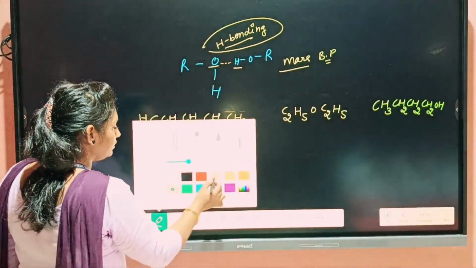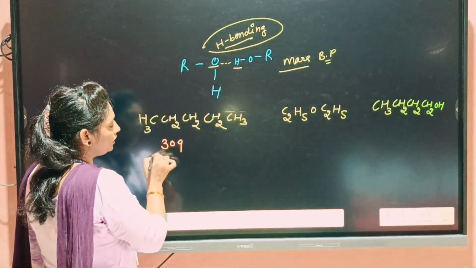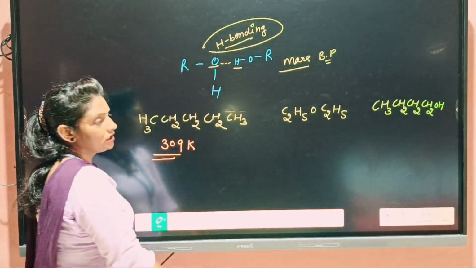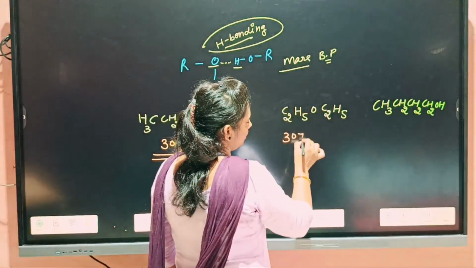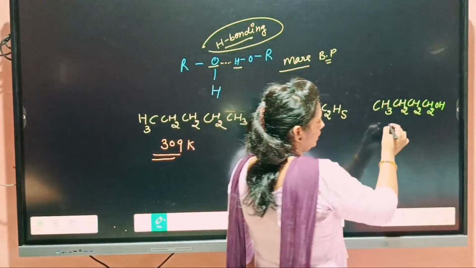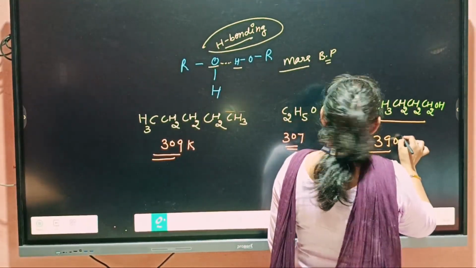But students, the boiling point is nearly 309 for one, nearly 307 for another, and approximately 390 Kelvin for the alcohol.